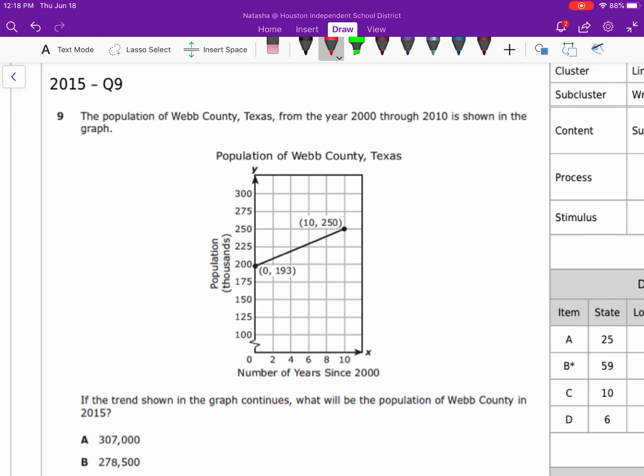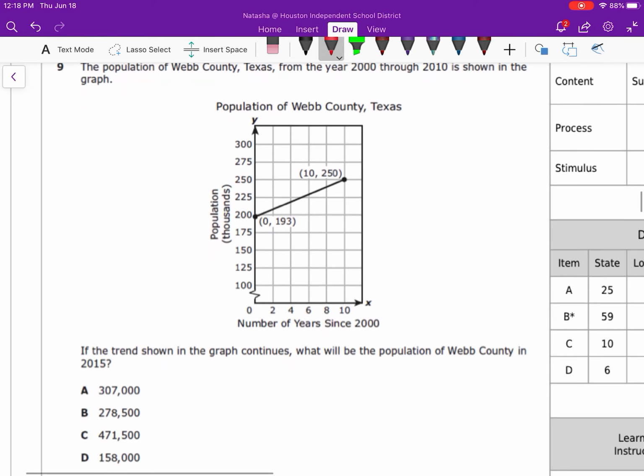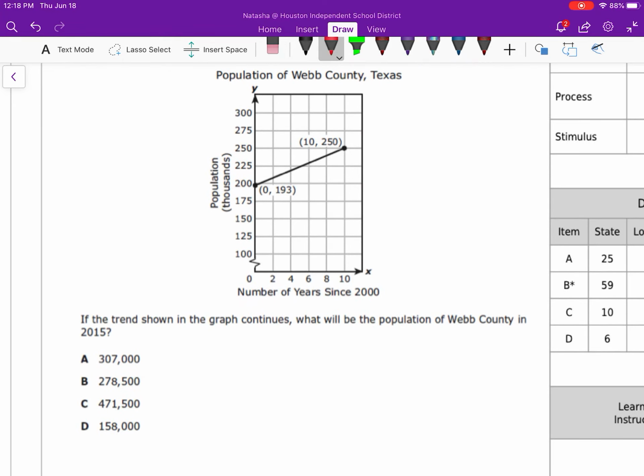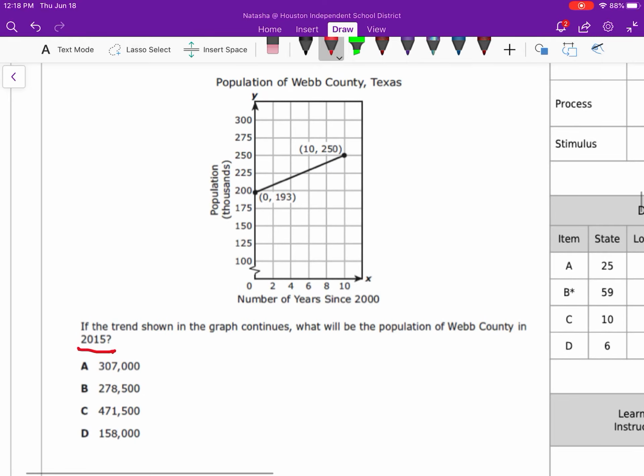All right, let's look at this next question. Population, Texas, the year 2000 to 2010. If the trend continues, what will be the population in 2015? So here's your year 0. This is the number of years since 2000.